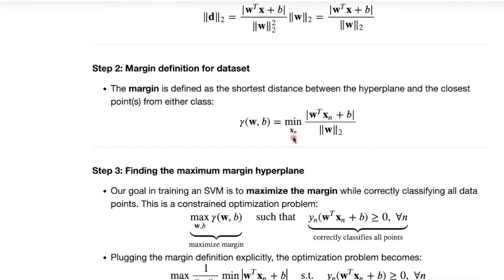So in this case, the shortest distance between the hyperplane and that data set is just this minimum value across all distances that we have.